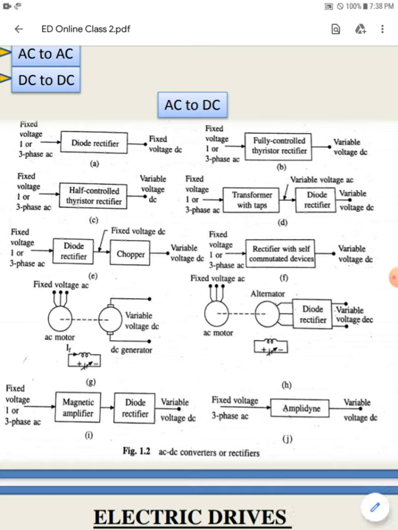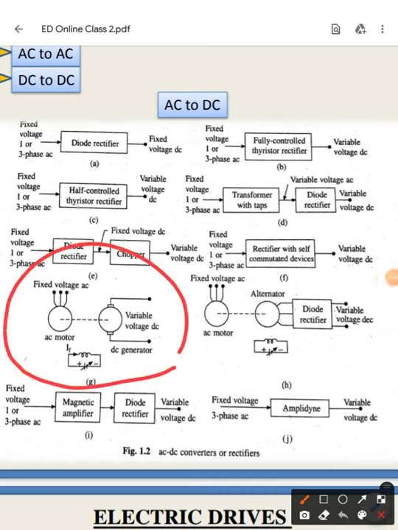Next one, if variable DC is required, you can also go for this arrangement. In this arrangement, a fixed voltage AC is given to an AC motor. This is my exciter part, that means this is a field winding.